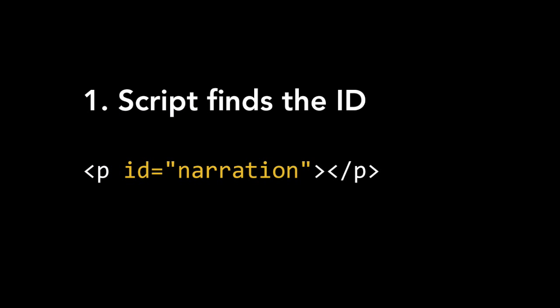So when JavaScript executes this last instruction, document get element by ID, narration, inner HTML, message, we're going to walk through what that does. So first, the script finds the ID in your HTML. It finds this paragraph that has an ID. It's the only thing on the page that has that.